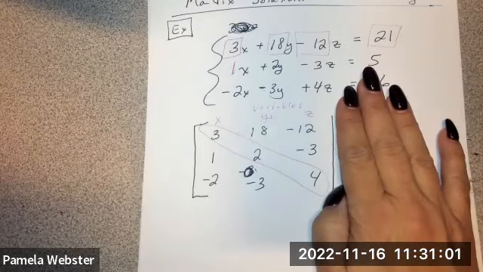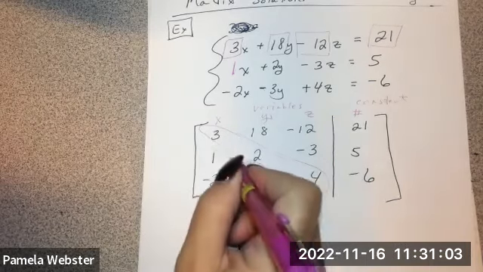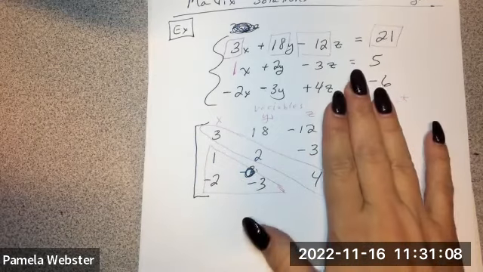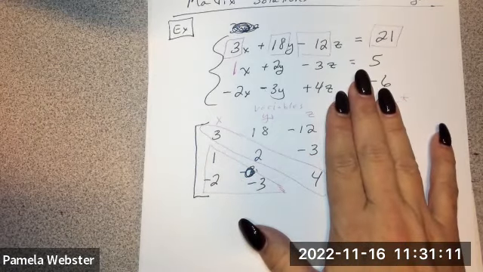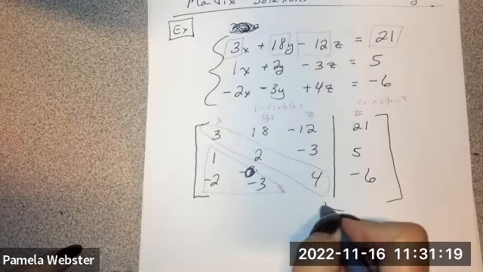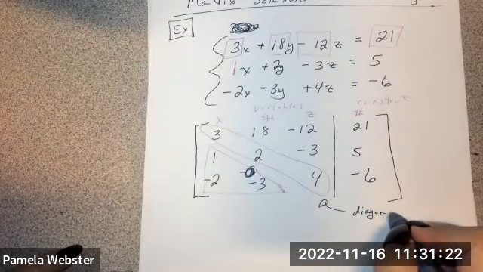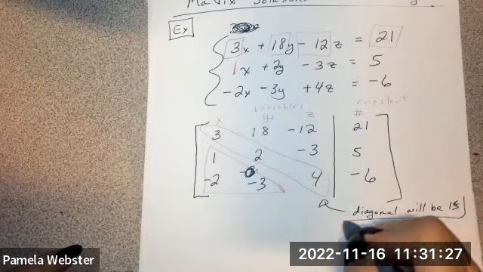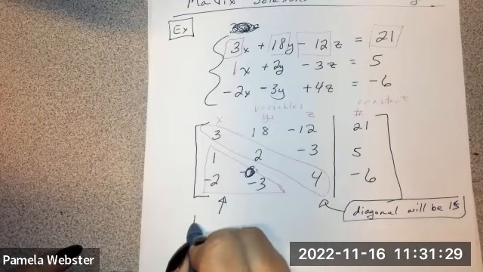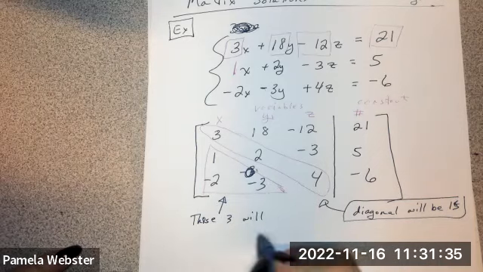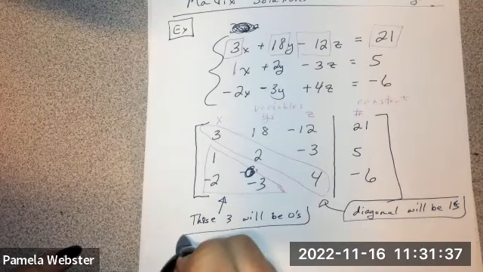And then underneath that diagonal, I have this little triangle of numbers here: the 1, the -2, and the -3. We're going to make those guys look like zeros. We're going to do very specific things called row operations. So this diagonal will be ones when I finish, and these three in the triangle will be zeros when we're finished.